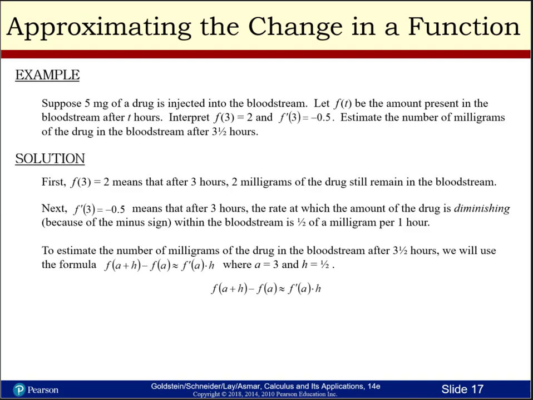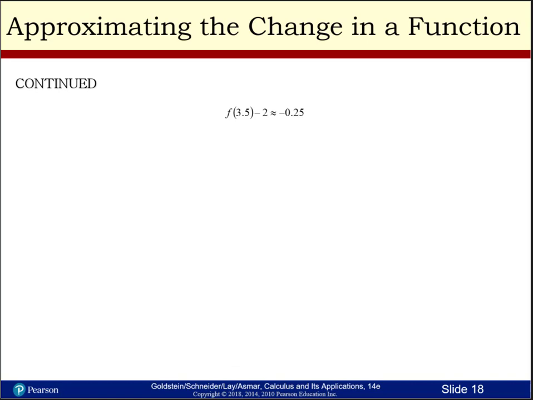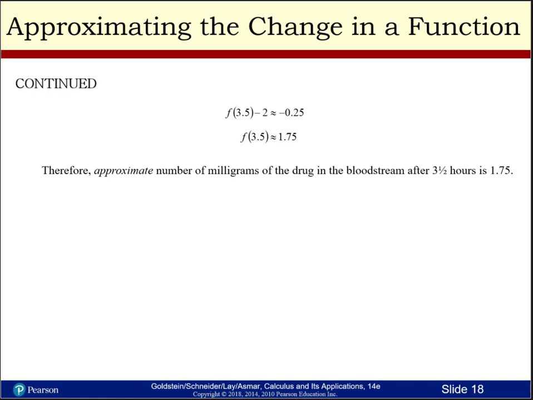So I'm just going to plug those values in, and I get that the answer is negative 0.25. f of 3.5 is 1.75. Therefore, the approximate number of milligrams of the drug in the bloodstream after 3.5 hours is 1.75.